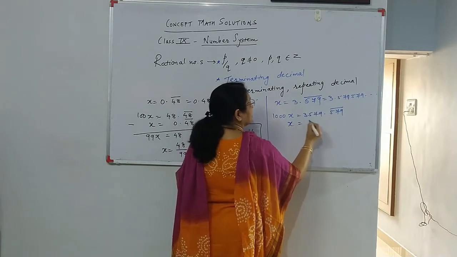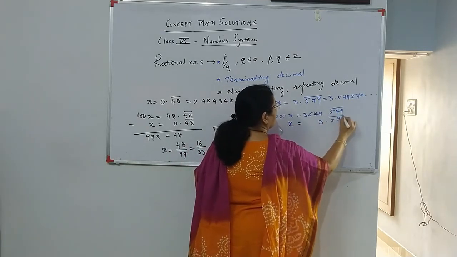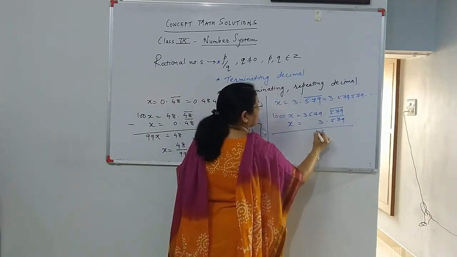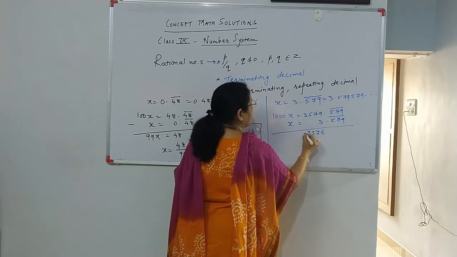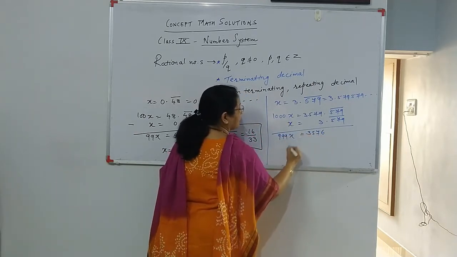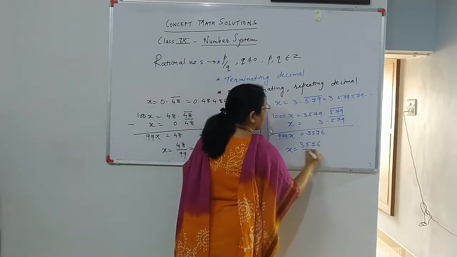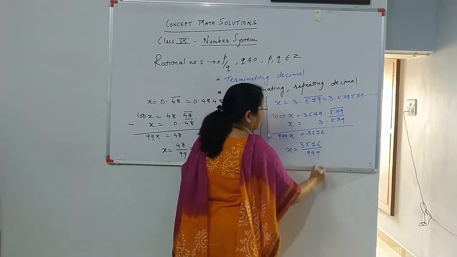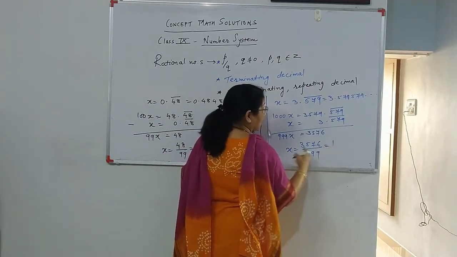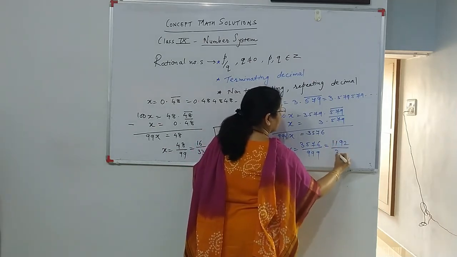And x is 3.579 bar. Again we subtract. When you subtract, this is 3576, and 1000 minus 1 is 999x. So you have x as 3576 upon 999. Let's check. Yes, both are divisible by 3. 3 ones are 3, 3 ones are 3, 3 nines are 27, and so on.